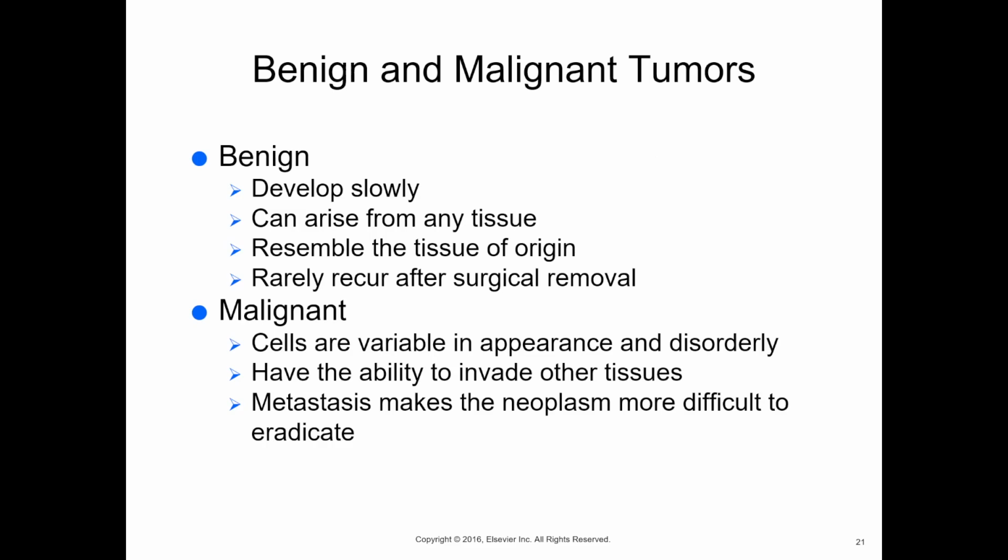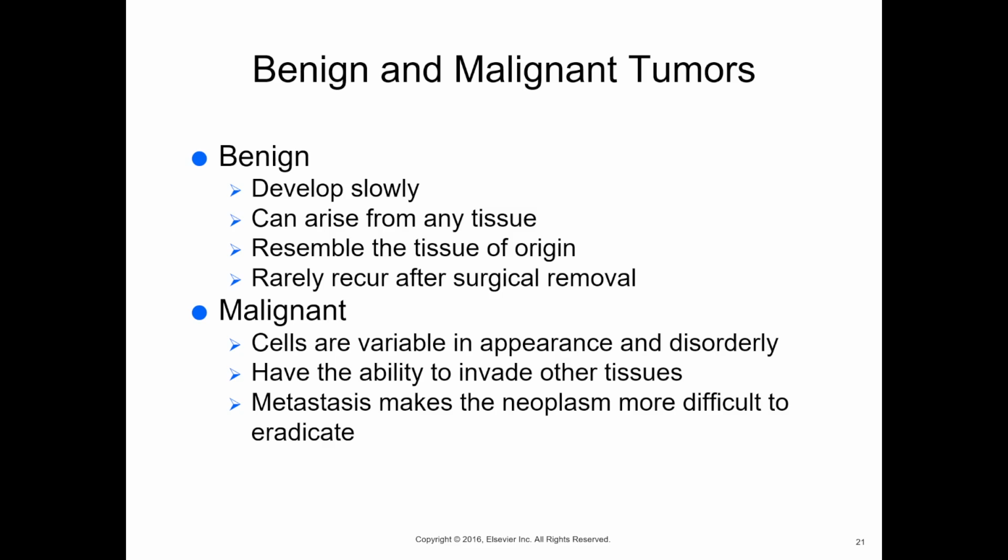So benign and malignant tumors. Benign means they are non-cancerous. Now, does benign mean that they are okay to have? No, benign tumors can still cause problems, okay? Does that mean that all benign tumors need to be addressed?